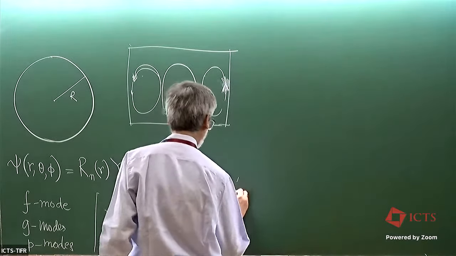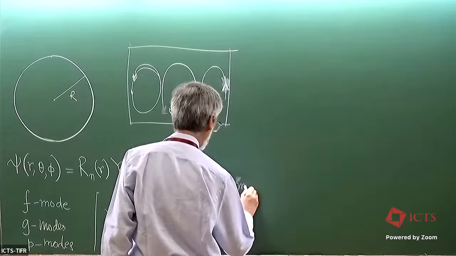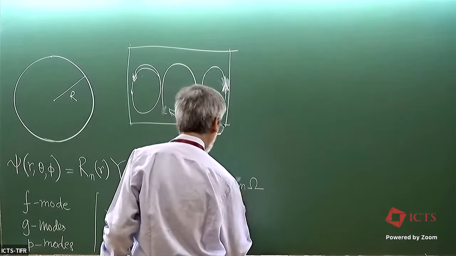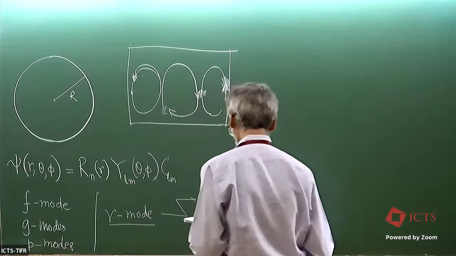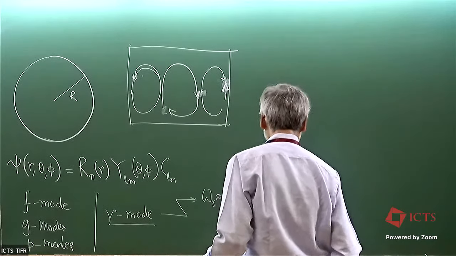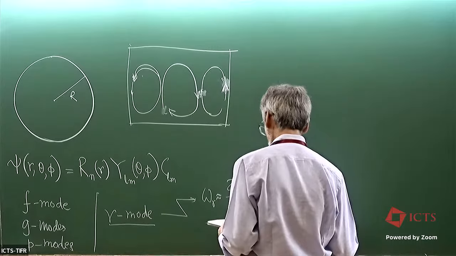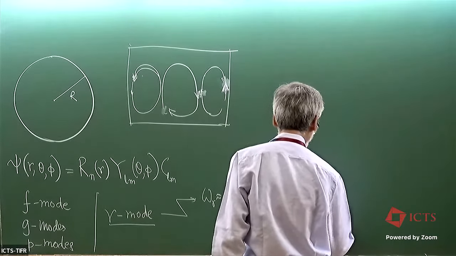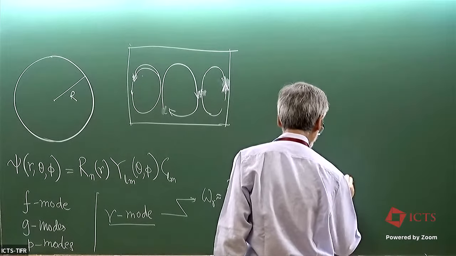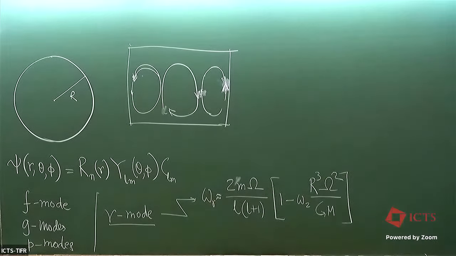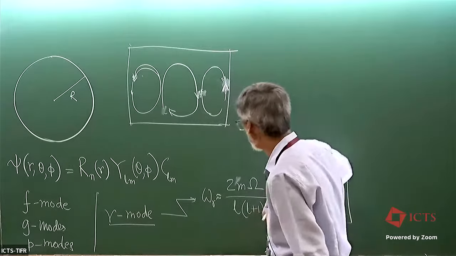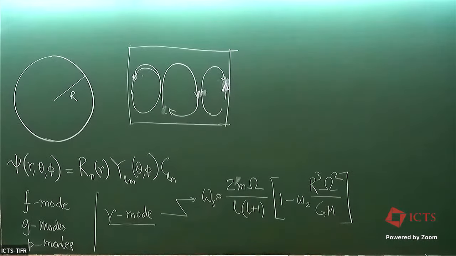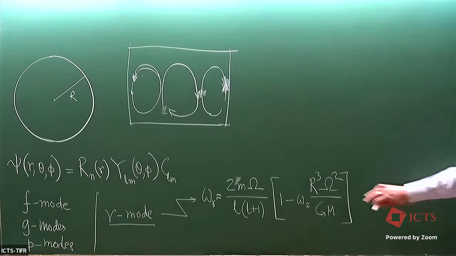So frequencies are given by 2m omega divided by L times (L plus 1), times 1 minus a dimensionless number omega 2 times R cubed omega squared over G. So the leading order frequency actually has no dependence on the equation of state of the neutron star, because it just depends on the rotation speed.